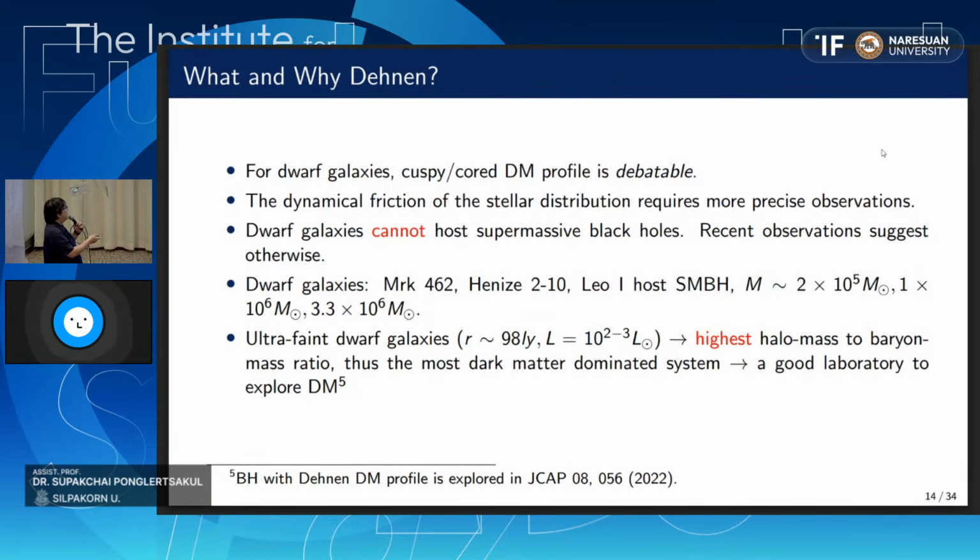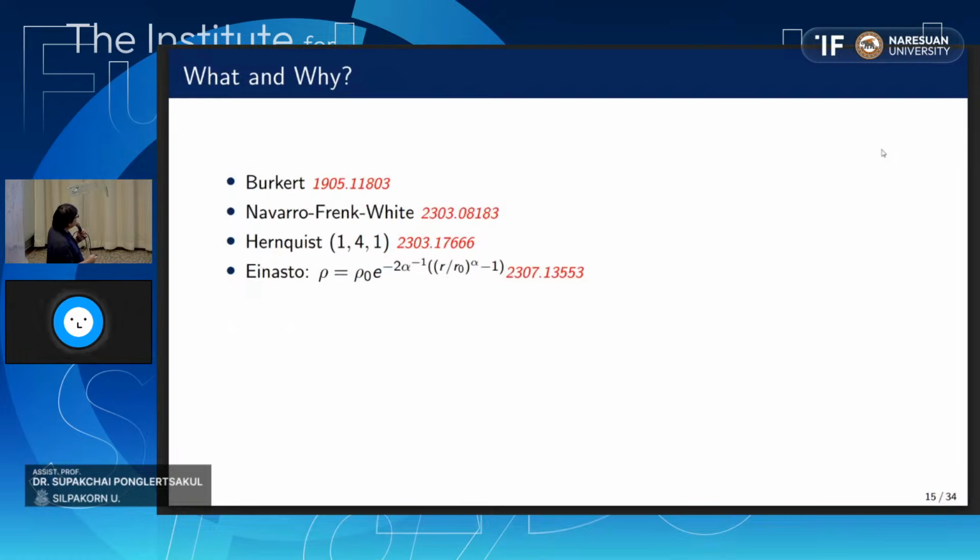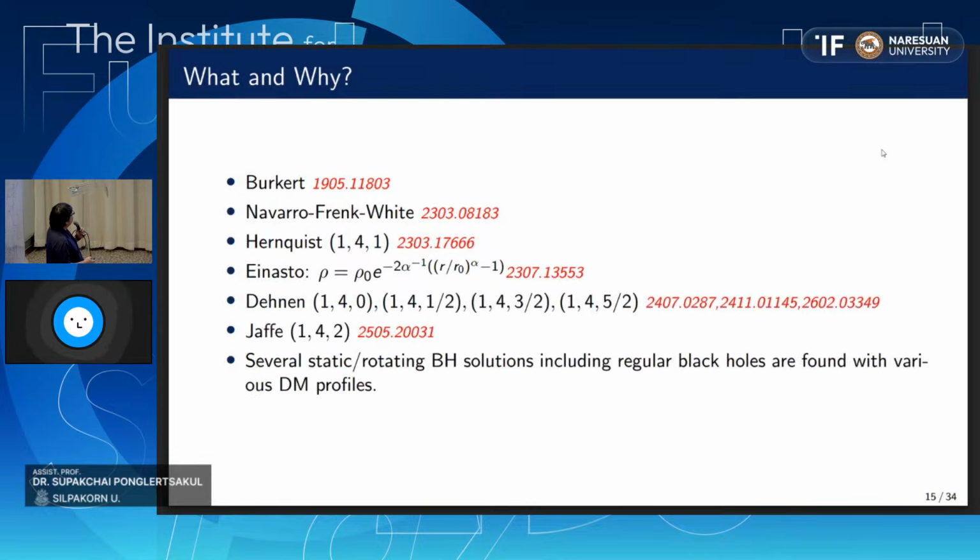So it's a very good laboratory to explore ideas about dark matter. This is just a list of papers; the red is the number of the arXiv entries, where people construct black hole solutions following this profile.